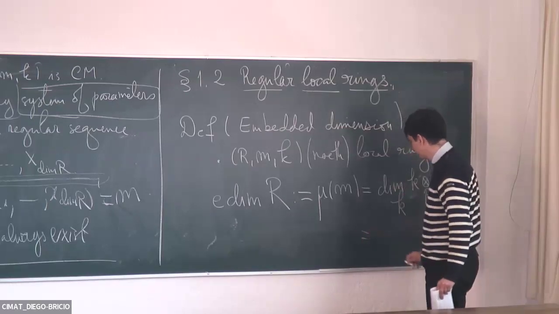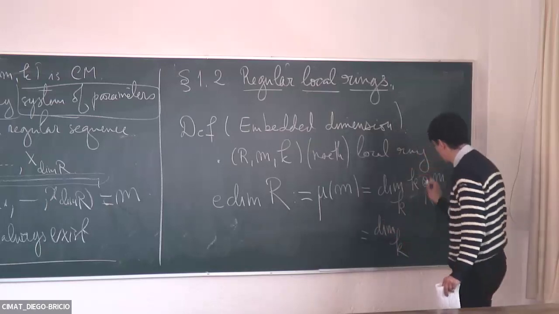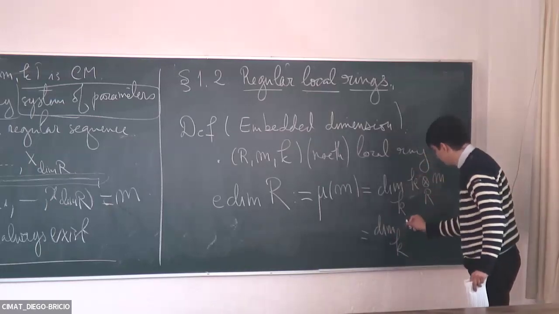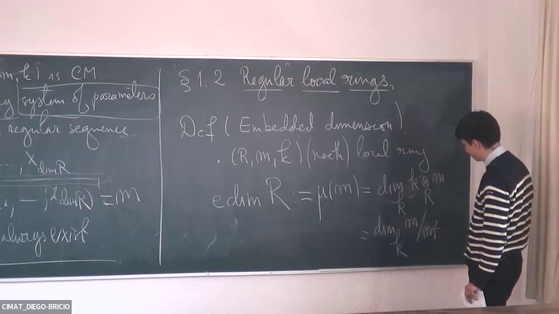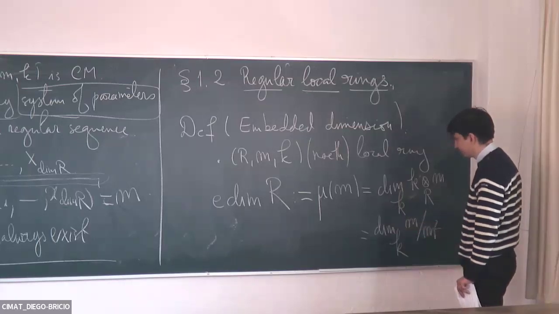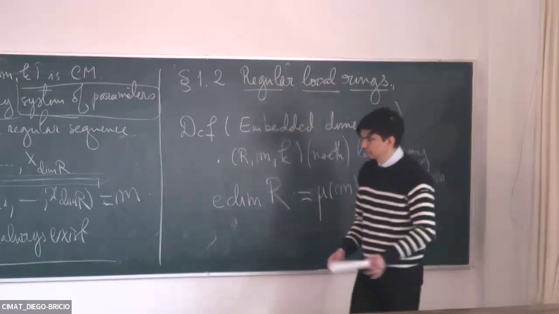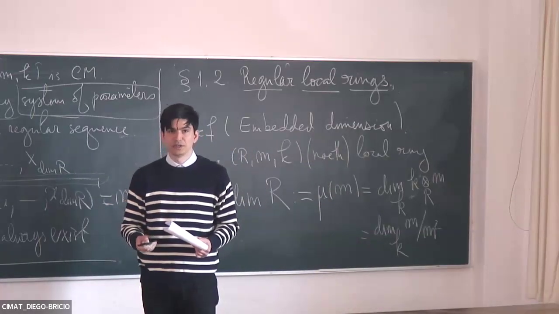That's going to be a finite number. But often, instead of writing this tensor product, people write m modulo m squared because they are the same thing. So m modulo m squared is a k-vector space, and the dimension is the embedded dimension.